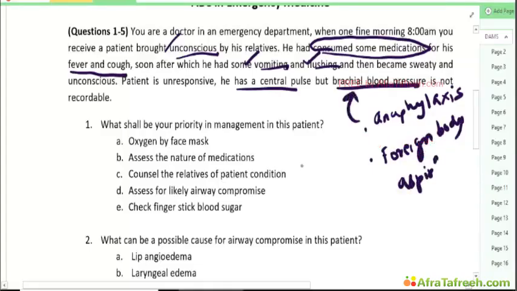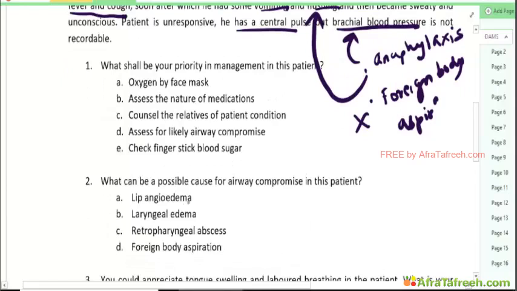But this won't be a part of foreign body aspiration, right? So this is out.